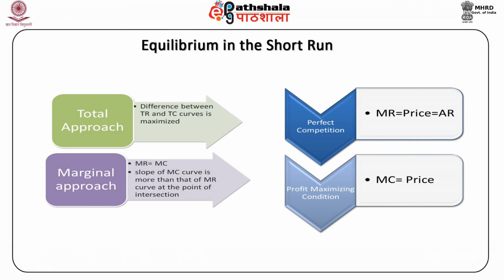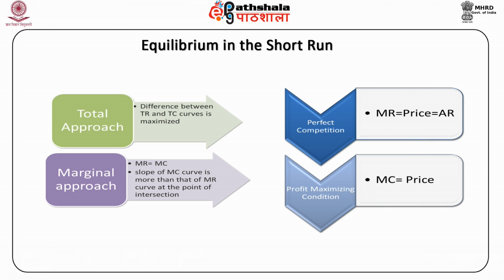As the price remains constant in perfect competition, the average revenue is also constant. Thus, in perfect competition, MR is equal to price is equal to AR. Since MR equals price for the perfectly competitive producer, the short-run equilibrium occurs at the output level for which MC is equal to price.